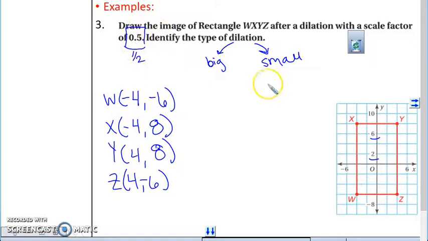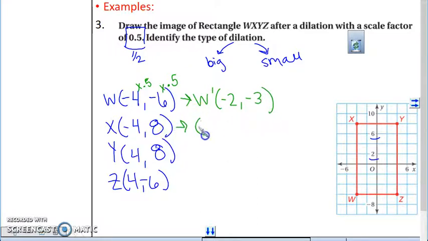Now we're ready to reduce the image by half. Each time, I'm going to make this color green. To get the new image of W, we're going to multiply by 0.5. What's half of negative 4? Negative 2. What's half of negative 6? Negative 3. What's half of negative 4? Negative 2.